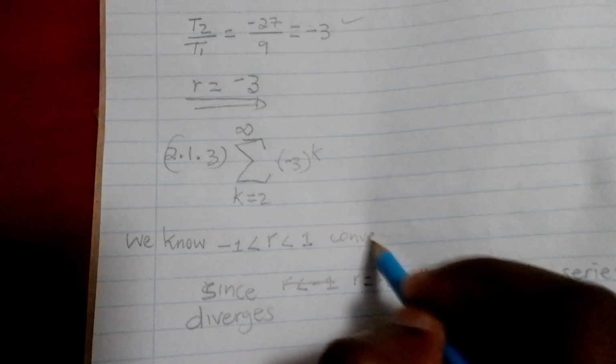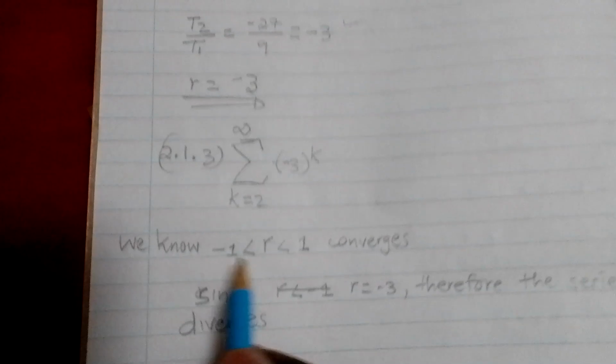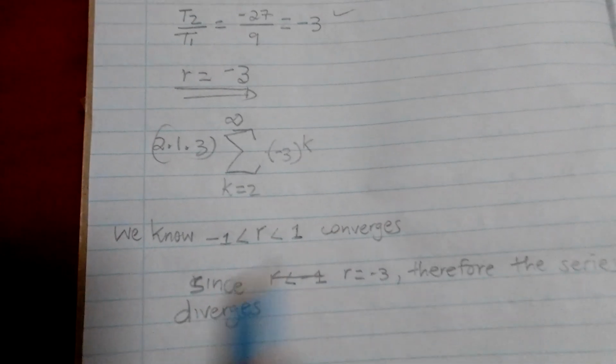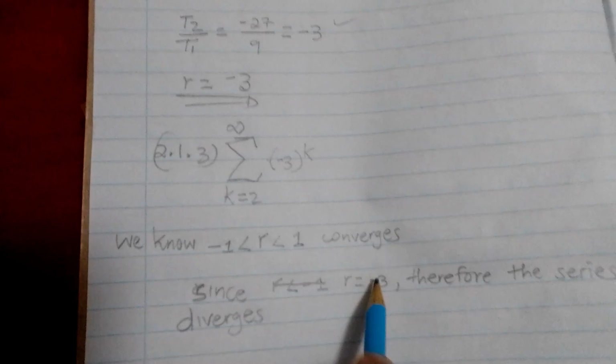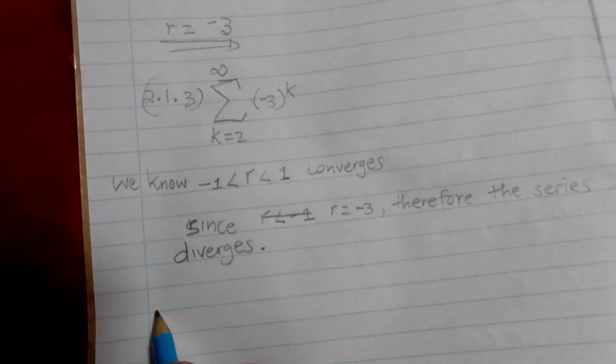We know that for r that lies between these two extreme values, the series converges. Since our r in this case is equal to -3, therefore the series diverges. So that's how we answer that question.